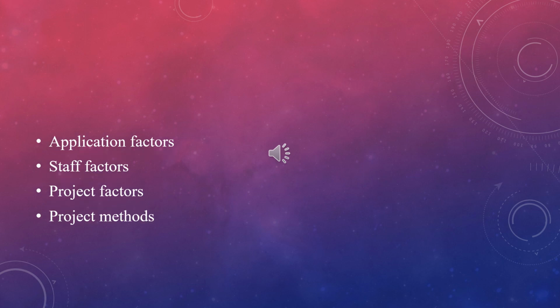The next set of factors include project methods. Using well-specified methods or structured methods for project management and system development will decrease the risk of delivering a system that is unsatisfactory or late.